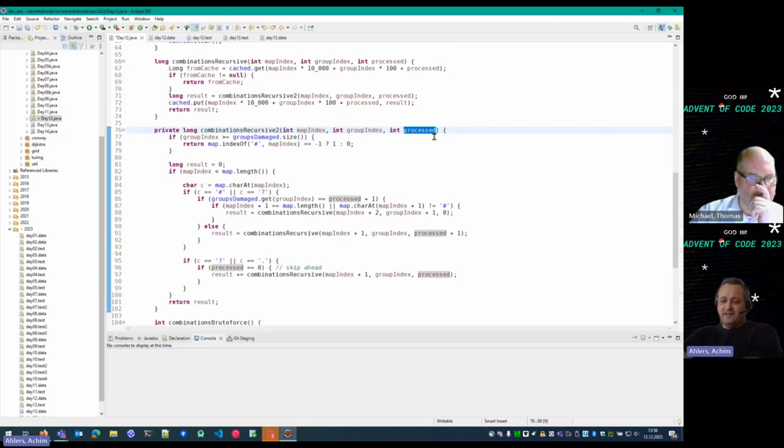I have to explain that we're processing character by character. So if we have a sequence of damaged hot springs that have to be consecutive, we have to count how many of these damaged hot springs we have already processed.